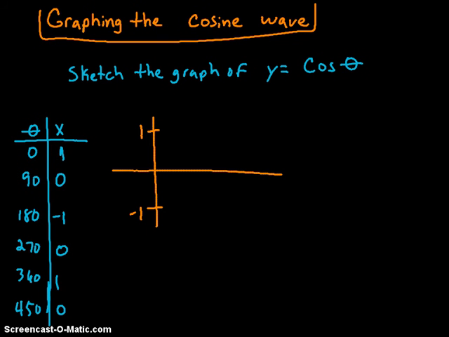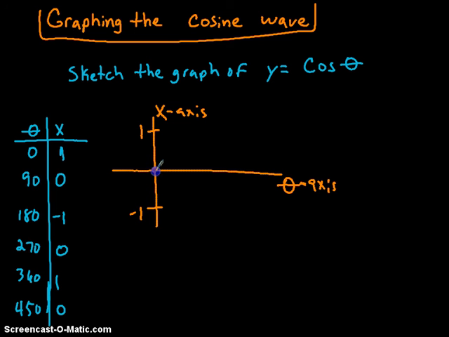Now let's graph it. This would be the theta axis. This would be the x-axis. So instead of being y, it's now the x-axis. So my x values range between 1 and -1. My highest number is 1, lowest number is -1. And my theta values are 0 to 450.